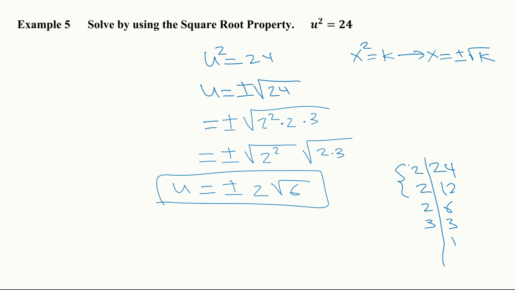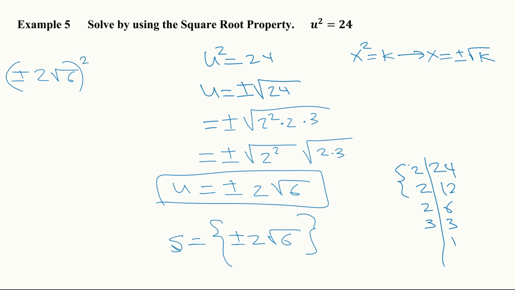You always want to simplify. So we write the solution set as the set containing plus or minus 2 radical 6, like so. All right, and if you want to do a quick check, just take 2 radical 6, right? Well, you can actually take either one and square it.